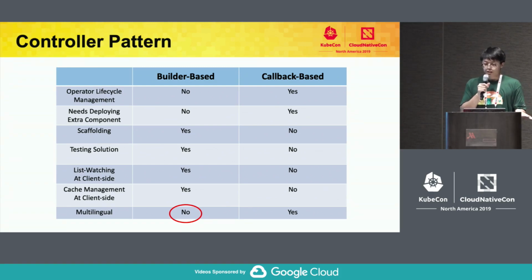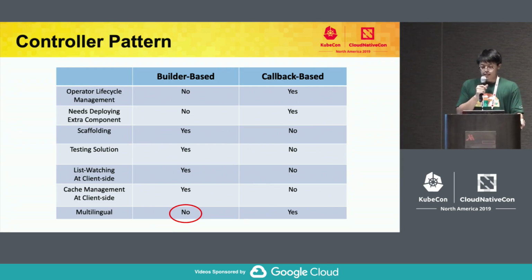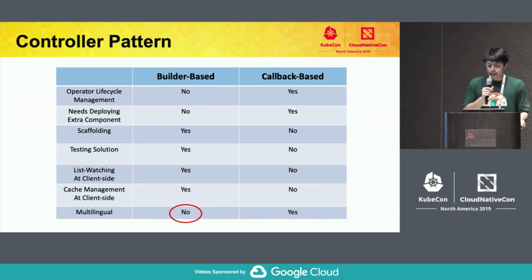KubeBuilder generates a working deployment YAML document for you and lets the native deployment controllers deal with all the other stuff. In the callback-based approach, it takes over and decouples the operator lifecycle management from the developers, so all you mainly have to care about is the availability of your webhooks. But that comes at the cost of deploying an actual deployment in your cluster.